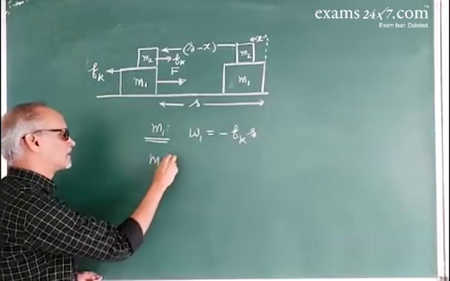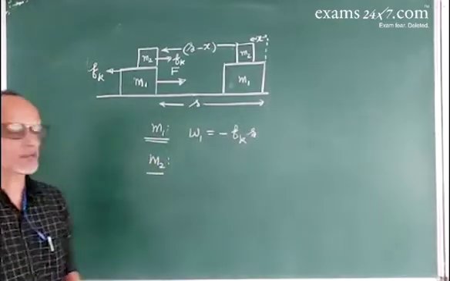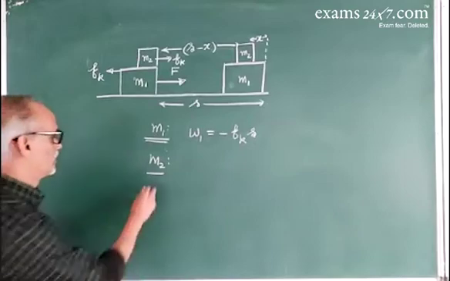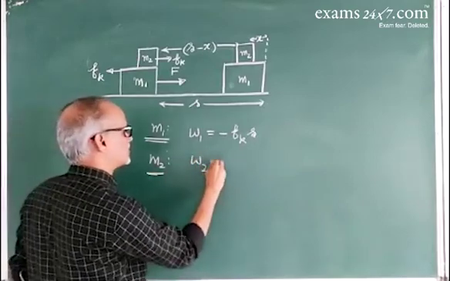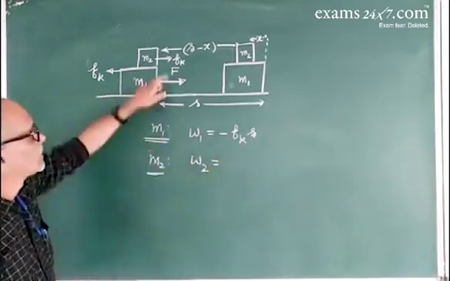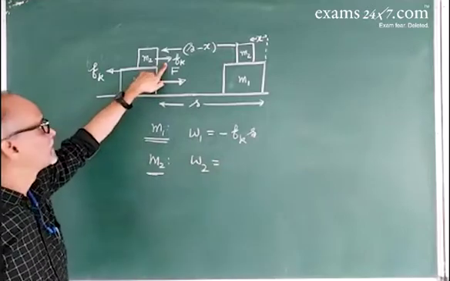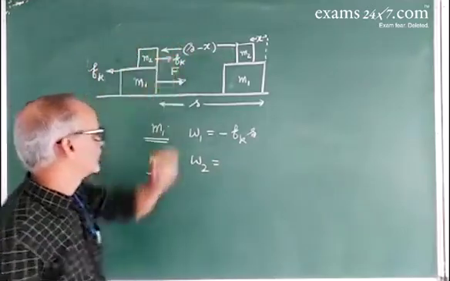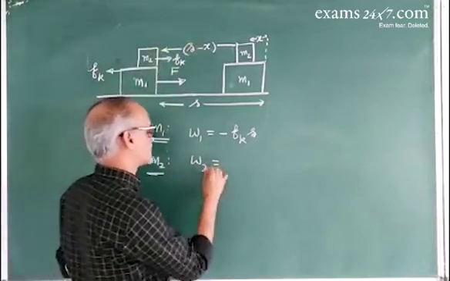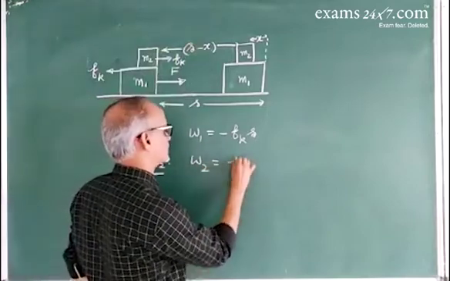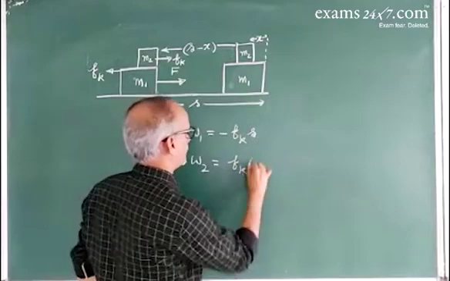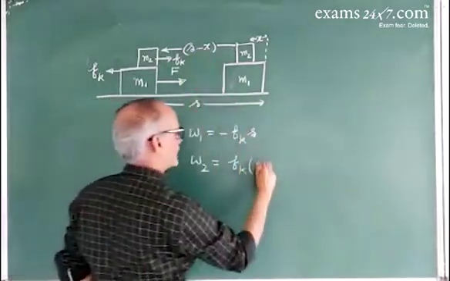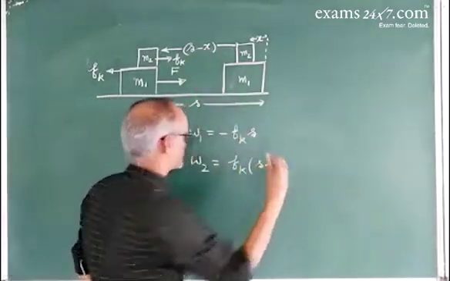What is the work done on M2? That is W2 is equal to, the force is Fk, the net displacement is S minus x, and both are in the same direction. So the work done is positive, which is W2 is equal to Fk into S minus x.